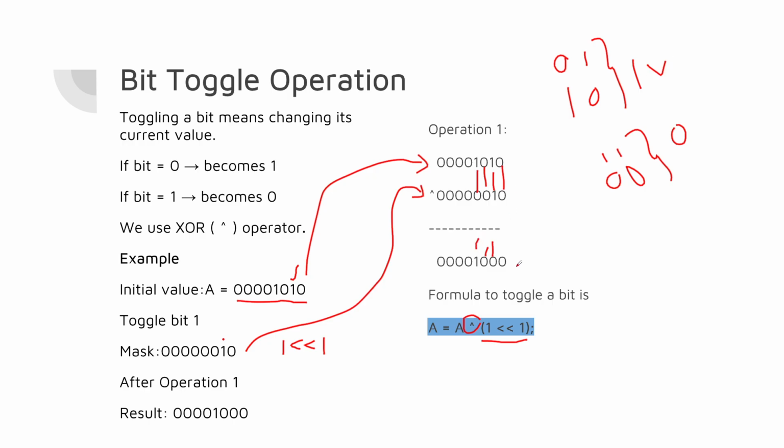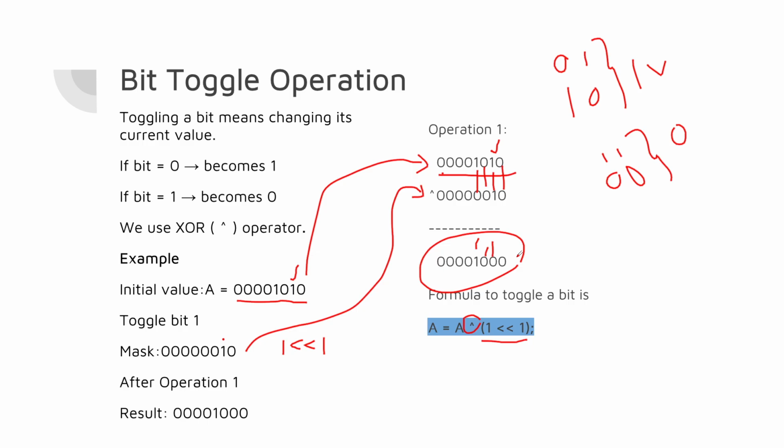This is the value we obtain after performing XOR operation between A and our mask value. Look at the input. What was our motive? We are supposed to toggle the first bit. Here my first bit is 1. After performing the operation, my first bit has changed from 1 to 0. This is how we are toggling the bit.